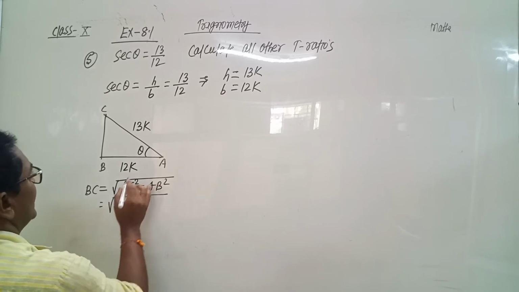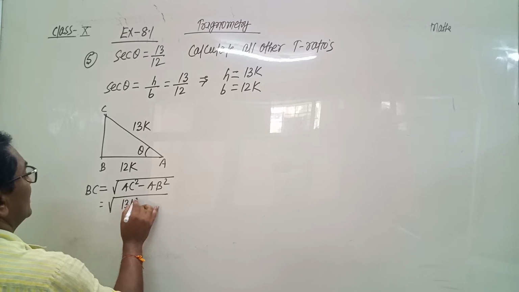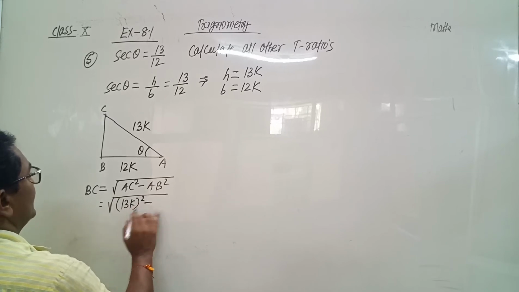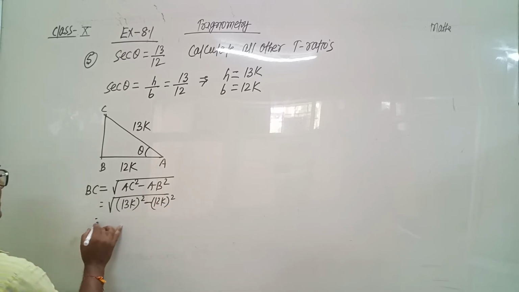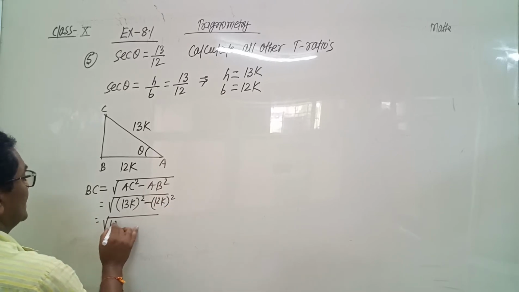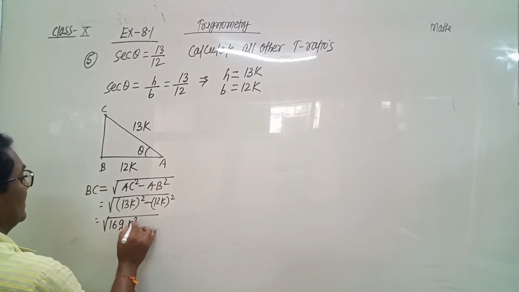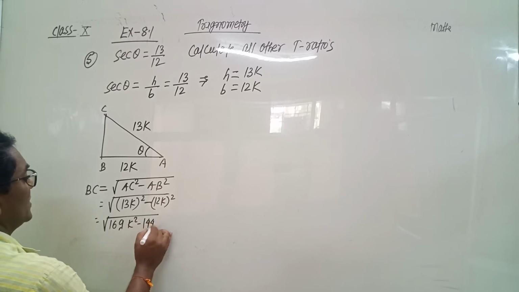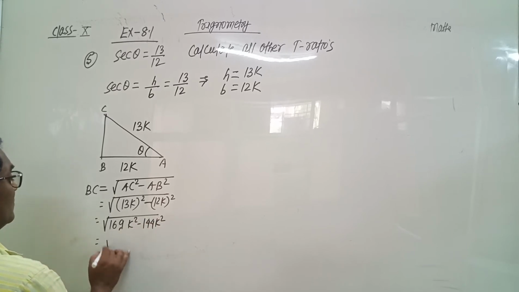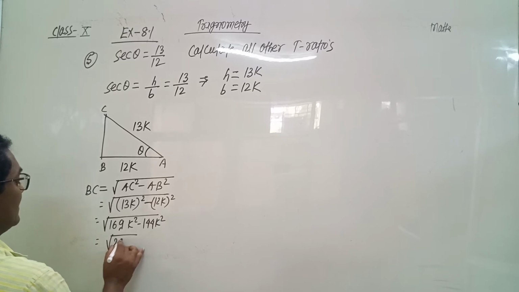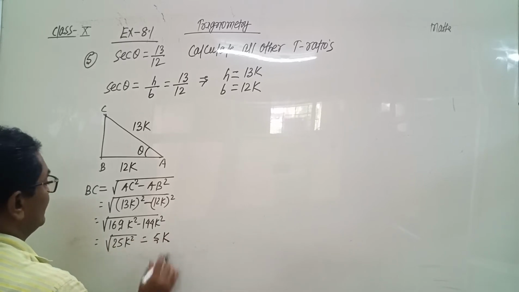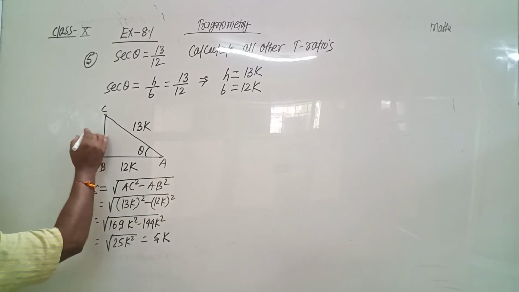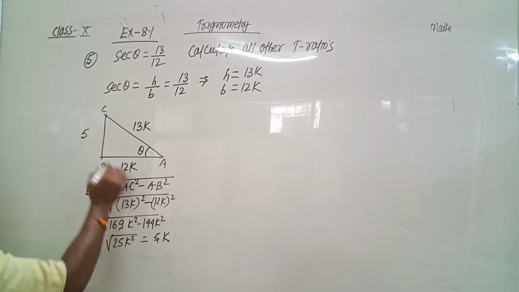AC is 13k the whole square minus AB is 12k the whole square. So it comes 169k square minus 144k square, which is 25k square, and the square root of 25k square is 5k. So we get the perpendicular as 5k.